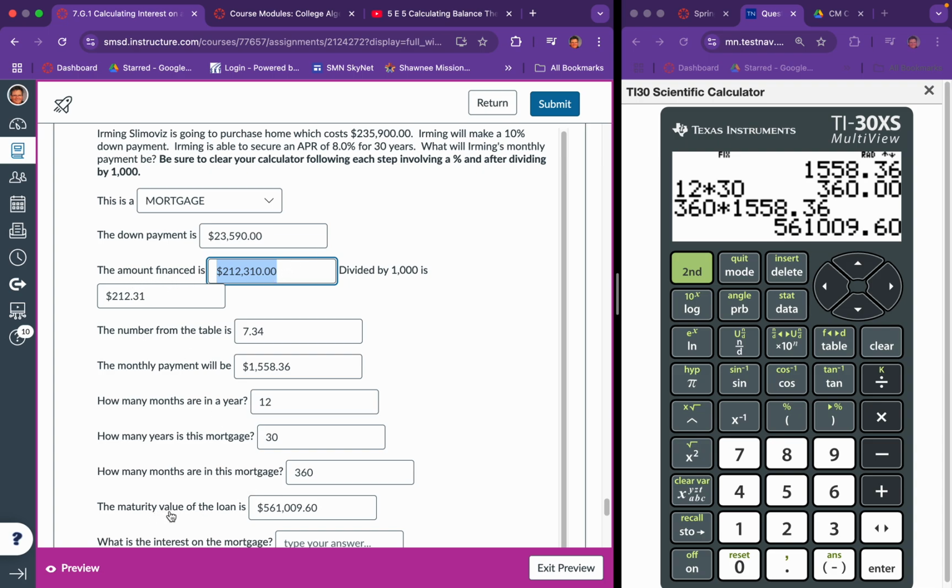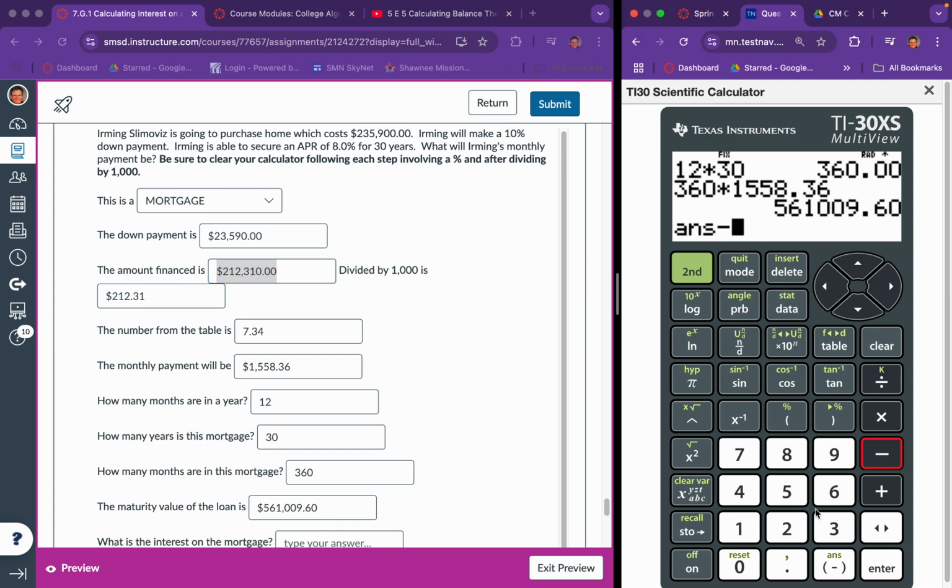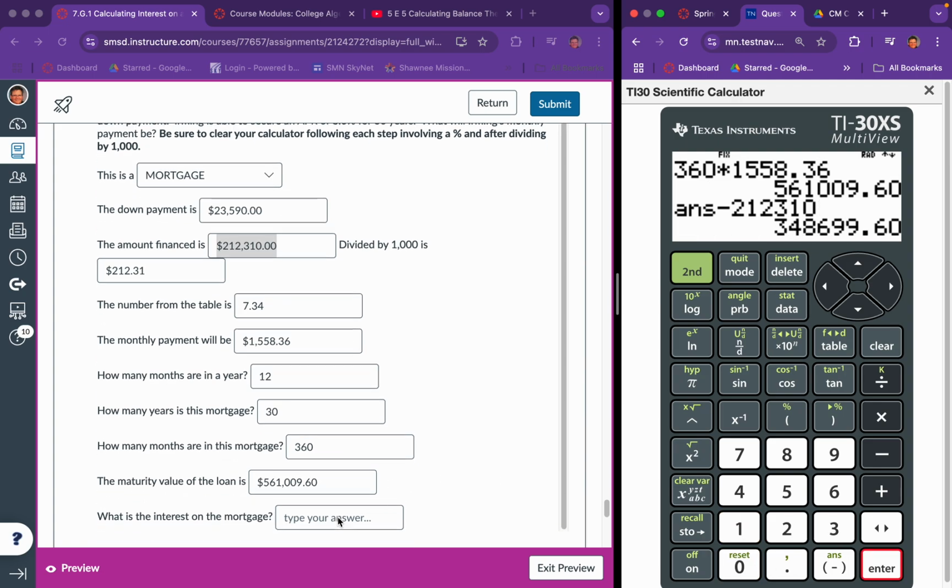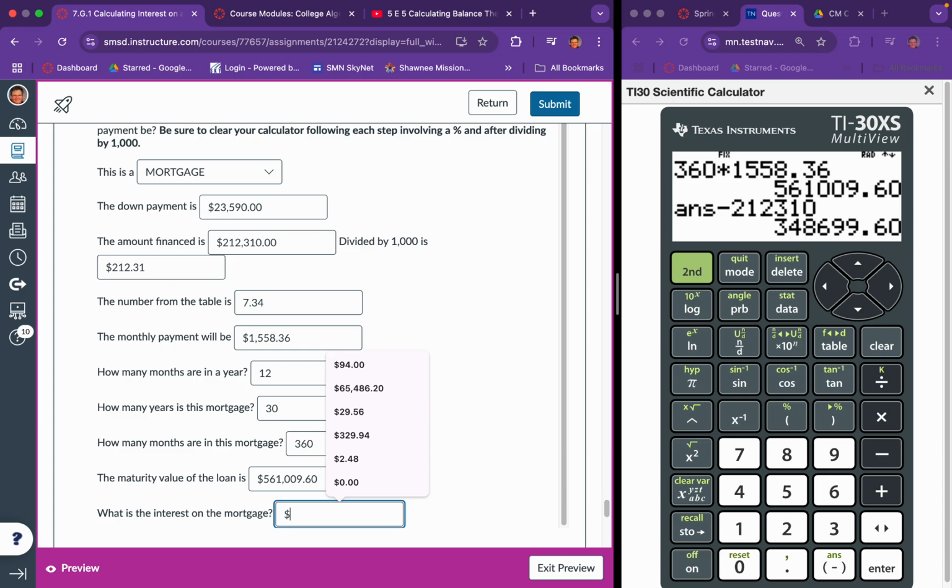So it is the maturity value minus the amount financed. So we're going to say minus $212,310. And you paid in interest $348,699.60. And that is the correct answer, and that is the way we go about doing that.